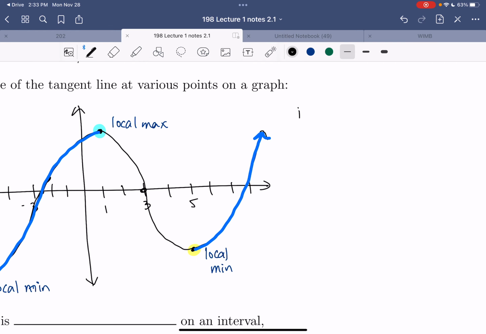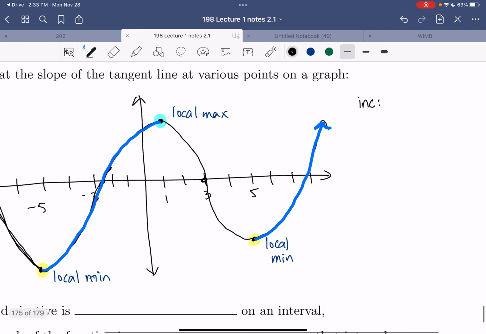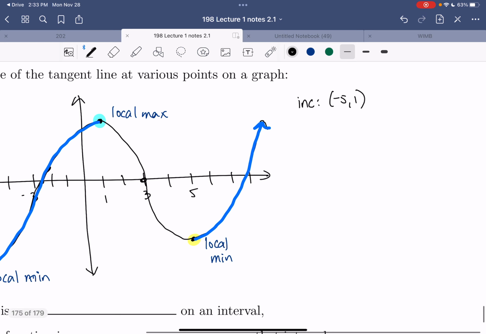So we are increasing on the intervals, and these are x values, -5 to 1. And we can't increase at the maxes and mins because you're not going up at that particular point. So we don't use brackets to close in our endpoints. And then also from 5 on to infinity, it's increasing.